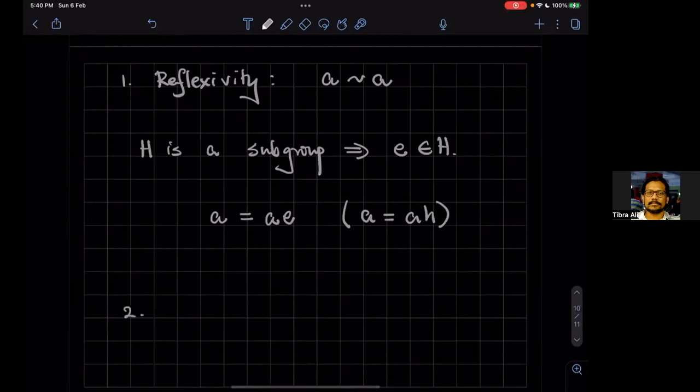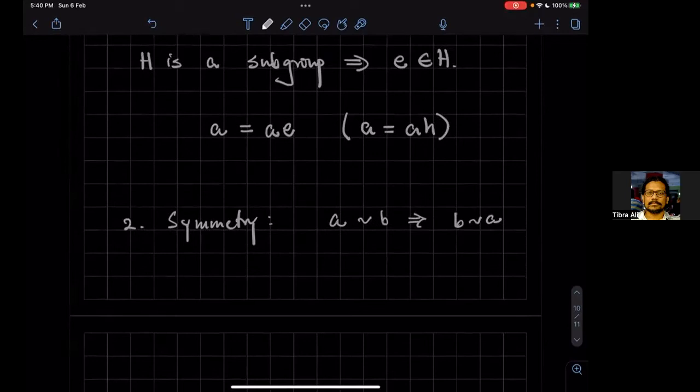Number two is symmetry. So if A is equivalent to B, then that implies that B is equivalent to A. Since A is equivalent to B, we can write A equals BH.